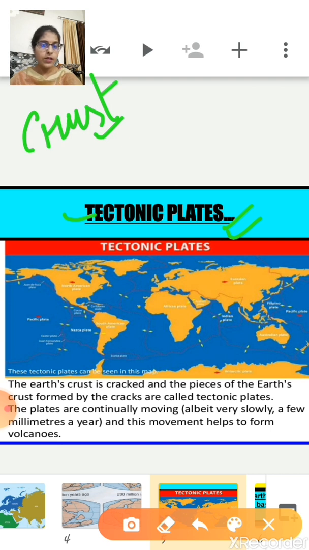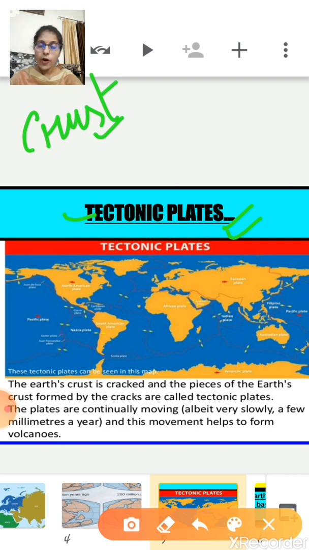This is because of the movement of molten magma inside the earth in a circular manner. That's why these plates are also moving. Why? Because the molten magma which is present inside the earth moves in a circular manner, right?